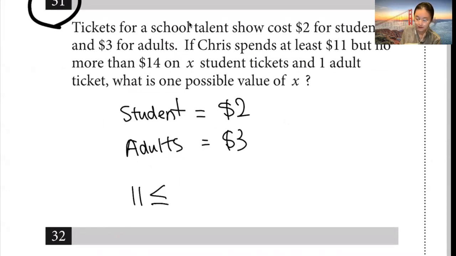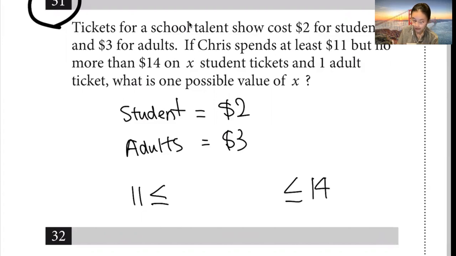At least $11 means it has to be 11 and more. But no more than $14. No more means at max it's 14, including 14, but no more than that.